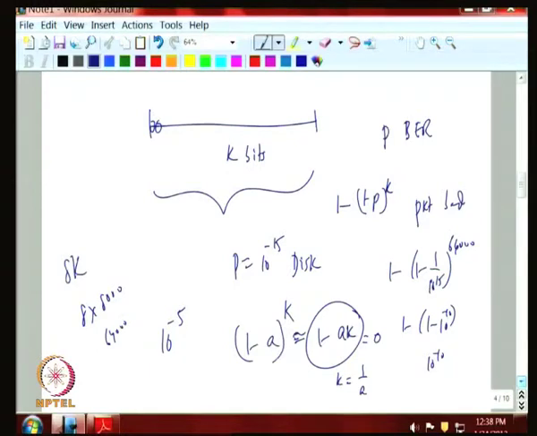I'm sorry, I used the wrong letter there, let's call it p. So if p is 10 to the power of minus 5 with 10 to the power of 5 bits, there is definitely bound to be an error.